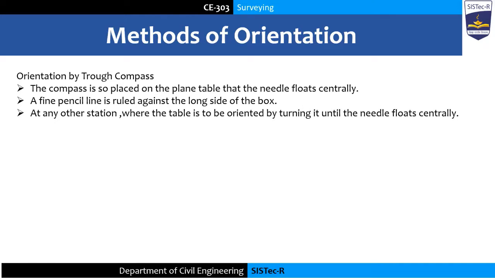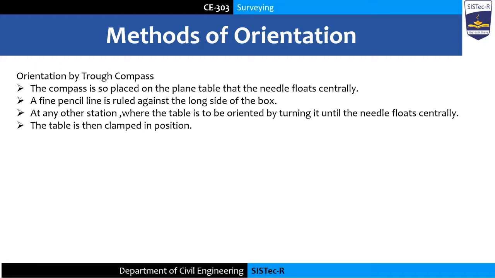At any other station, the table is to be oriented by turning it until the needle floats centrally. So when I shift to the next station, the marked line that gives me the direction of north, that I know, so I will use the compass and orient the table to that required direction. When the compass needle is at the center, that will give me the direction of north.